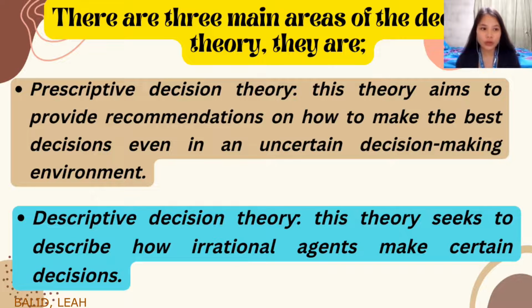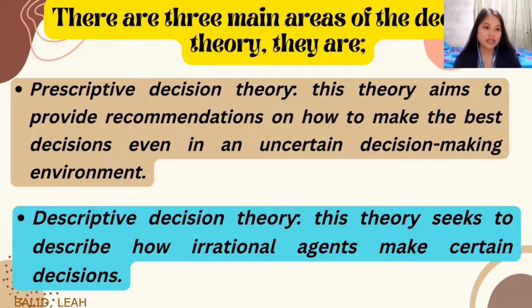There are also 3 main areas of decision theory. They are prescriptive decision theory. This theory aims to provide recommendations on how to make the best decisions even in an uncertain decision-making environment. Second, descriptive decision theory.